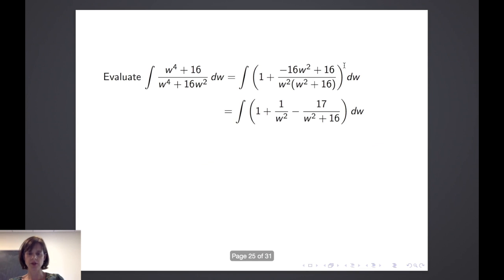So let's go back to our original integral we wish to evaluate. So we've got the integral with which we started. We performed the long division, which means we've got the 1 plus negative 16W squared plus 16 over W squared times W squared plus 16. In the integrand, we now have the partial fraction decomposition for that rational piece of the integrand, and we can perform our integration. 1 over W squared can be rewritten as W to the negative 2.